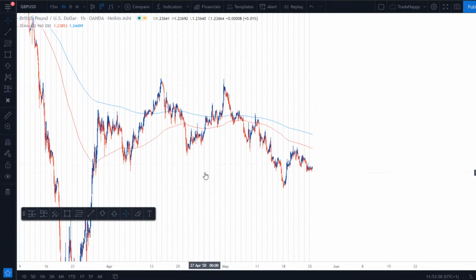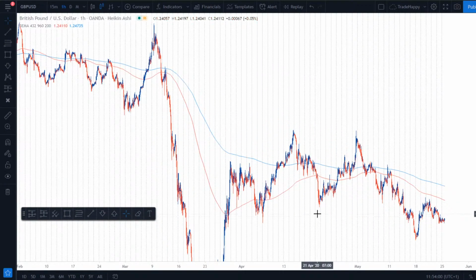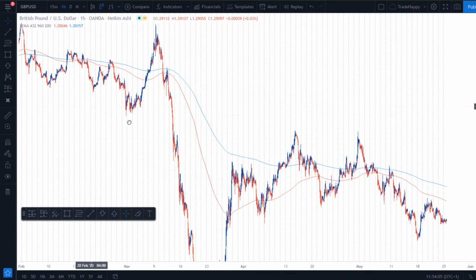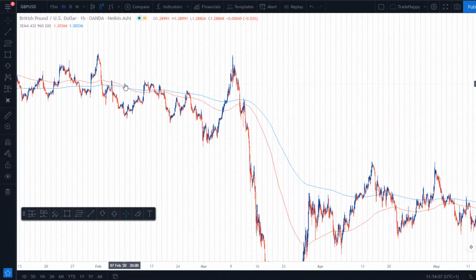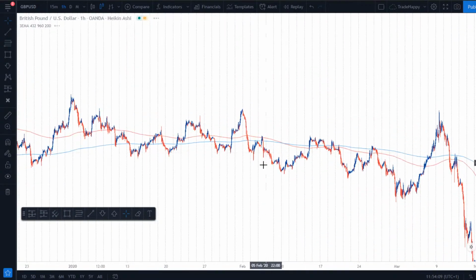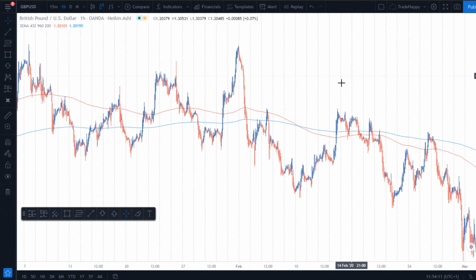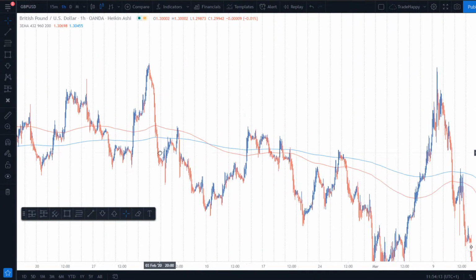So that I know where the trend is going, and I know where to take buys and sells. And basically all it is, if the red EMA is above the blue, you're looking for buys. And if the red EMA is below the blue, you're looking for sells. And that's all it is.